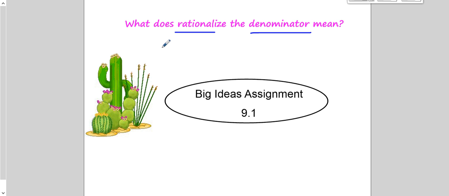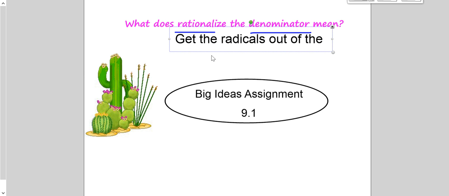Get the radicals out of the denominator.